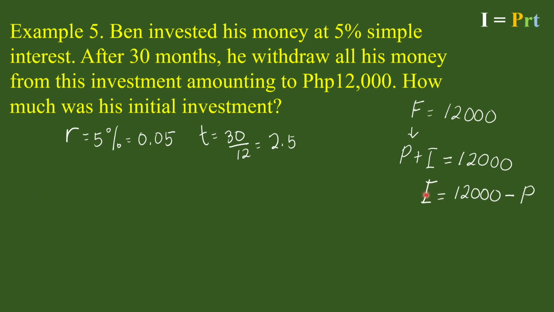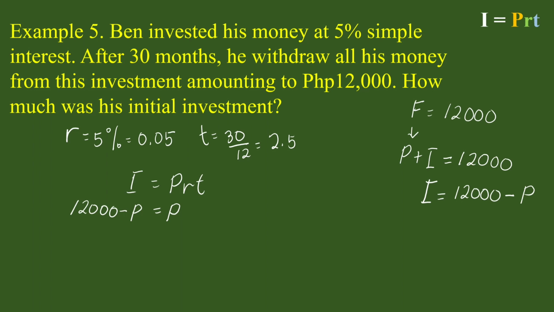So this letter I here, pwede na natin i-substitute yan. By substitution, we will have this one. Yung letter I, sa I equals PRT, ang equivalent niya ay 12,000 minus P. Okay? And then again, wala tayong letter P. Susulat ulit natin yan.